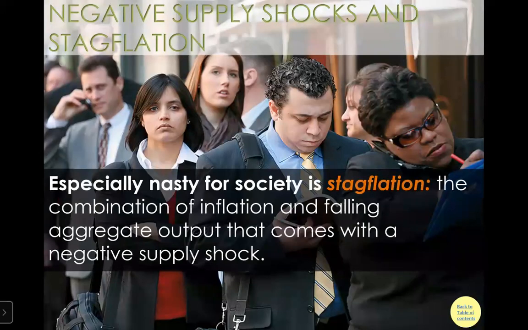Now, I want to emphasize there's a particular type of economic trouble called stagflation. Stagflation is a combined word, combining stagnant and inflation. Stagnant means the GDP is not growing, meaning Y declines. Inflation means price increase, P increases.